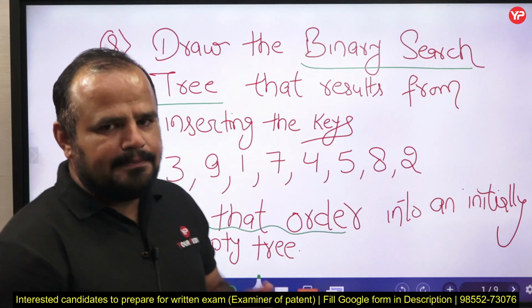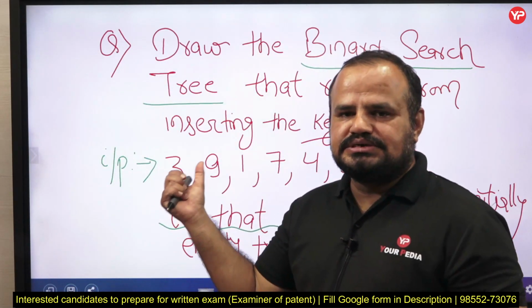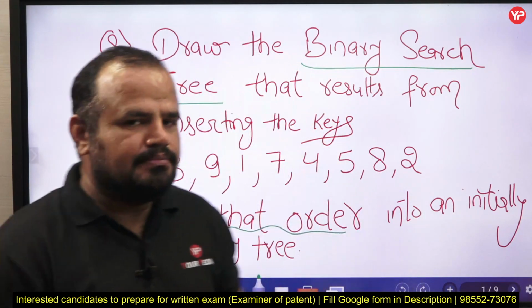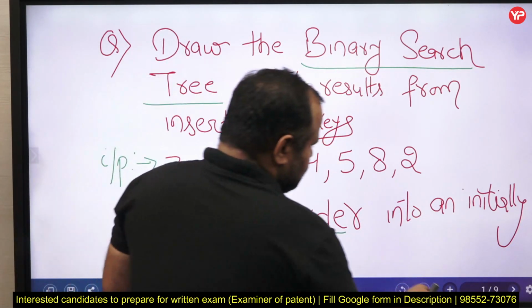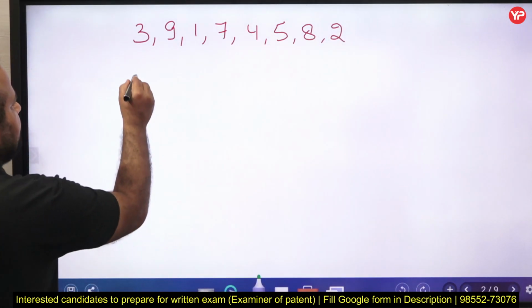So I have the empty tree and I want to construct a binary search tree. First of all, you have to know what you mean by binary search tree. So while starting your answer, always give a short definition of binary search tree.